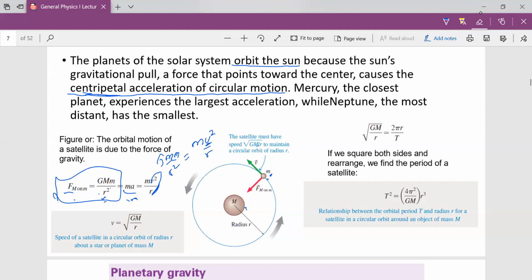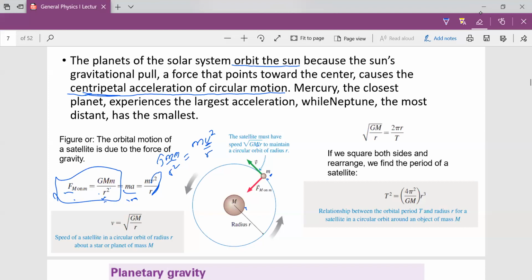So having established that V is equal to the root of the product of the gravitational constant and the mass of the sun or the bigger planet over the distance apart, do you know how we got this equating V?